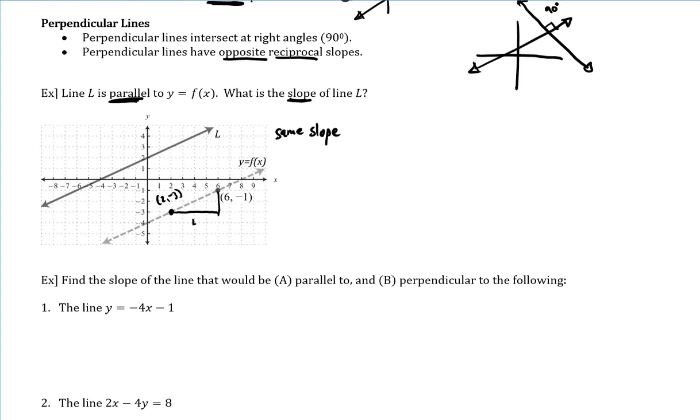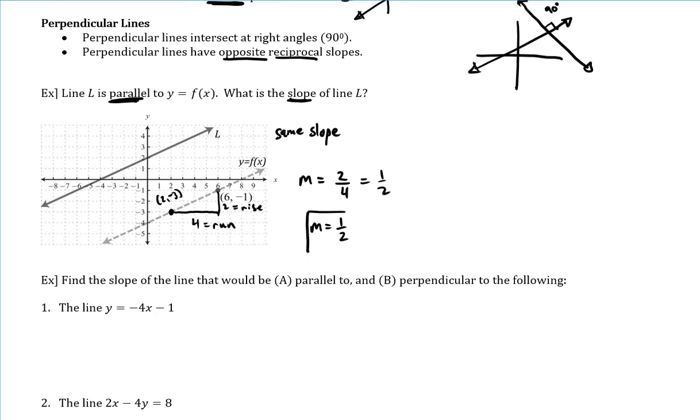From 2 to 6, so 1, 2, 3, 4, that's a length of 4. And from negative 3 up to negative 1 is 1, 2. So we have a rise of 2 and a run of 4. This line has the slope of 2 over 4, which reduces to 1 over 2. It stays positive because it is going up from left to right.